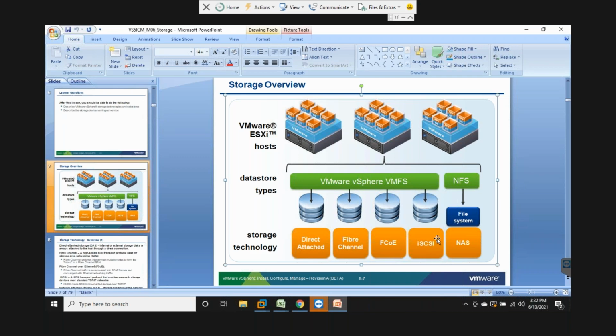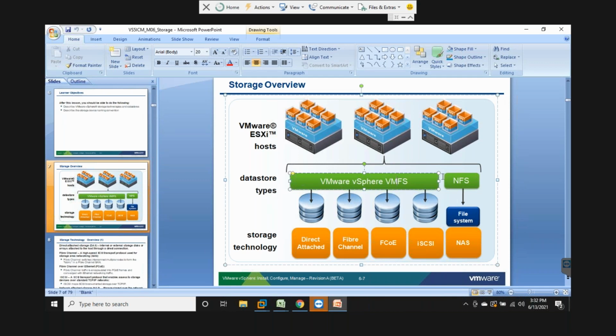All four can be converted into a type of data store which is known as VMFS. VMFS is a file system type of data store, just like you have NTFS and FAT32 partition types in Windows. Similarly, we have VMFS here in ESXi.